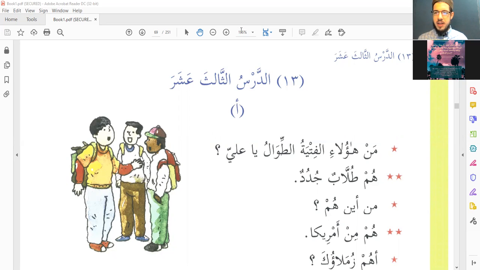The most significant thing that we had done in the previous handful of lessons was adding the wrinkle of gender to our knowledge of Arabic. Right?